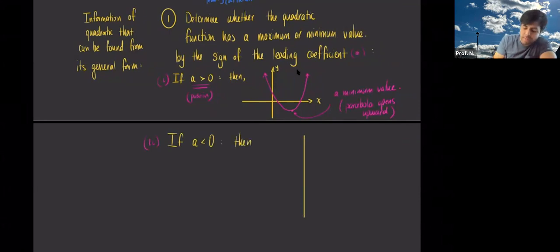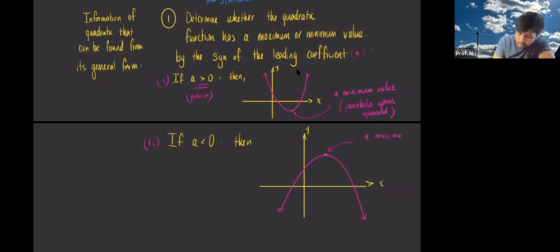Then when I graph this, I have a maximum value, which means that my parabola opens downward.